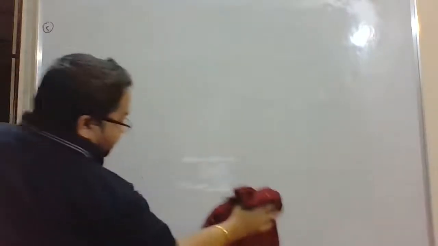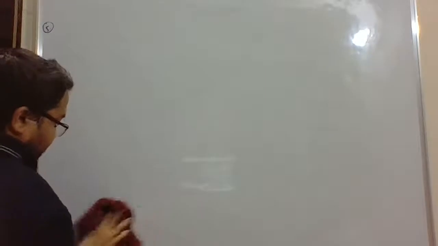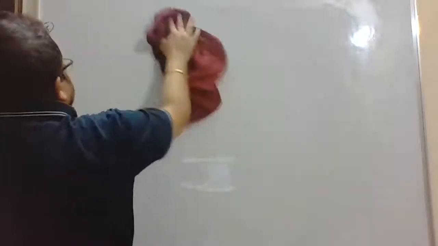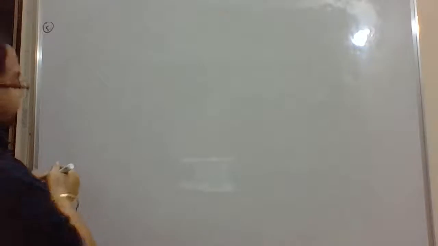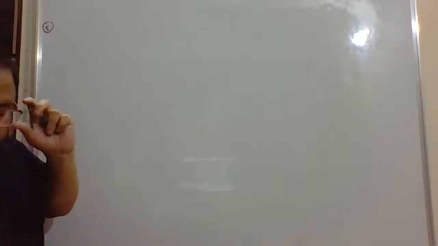Let us see one or two more problems related to symmetry. So we'll see just one problem related to symmetry, and there's a reason behind it. I'll tell you as soon as we are done with that. Okay, let's get into this problem.